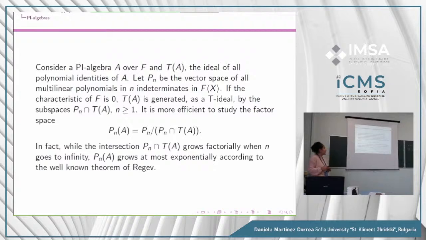But remember that T(A) is a T-ideal, so this T-ideal is invariant under permutation of variables, and this implies that this intersection is an S_n-submodule of this space. Then when you take the quotient, of course, this quotient is an S_n-module too.